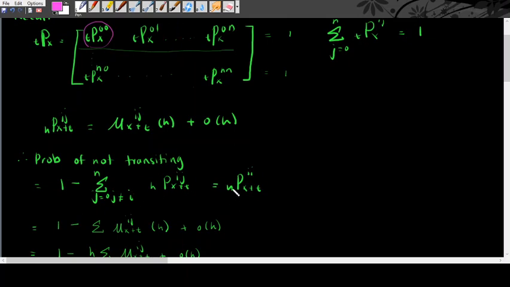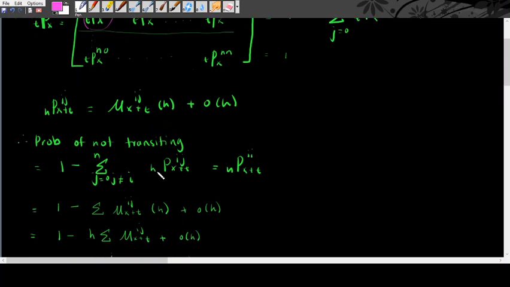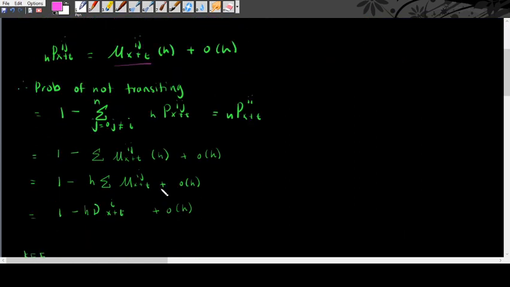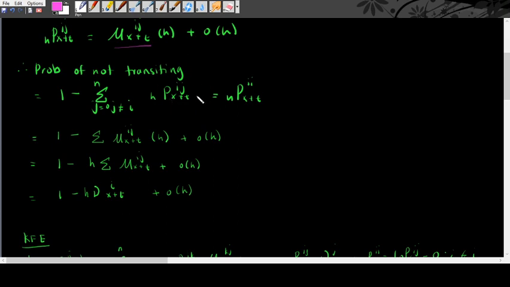So you are going to have hPx+t,ii. And I also know that hPx+t,ij is this one, so I'll replace this with mu x+t,ij. So it will be equal to 1 minus the summation over j equals 0, j not equal to i, up until n, of mu x+t,ij times h plus o(h).